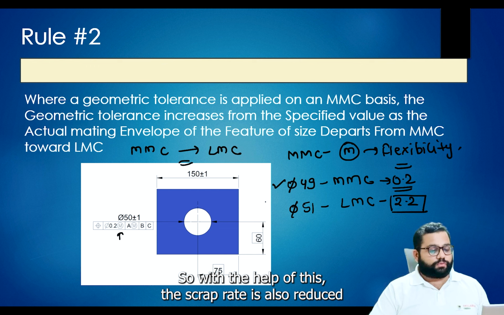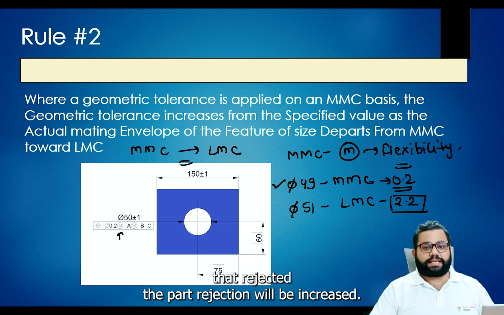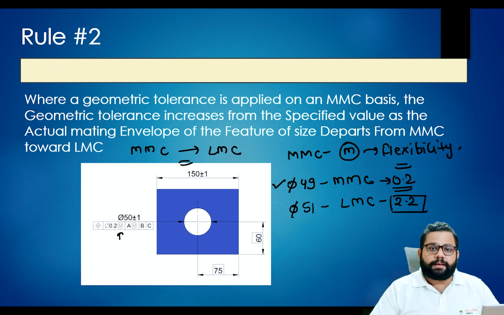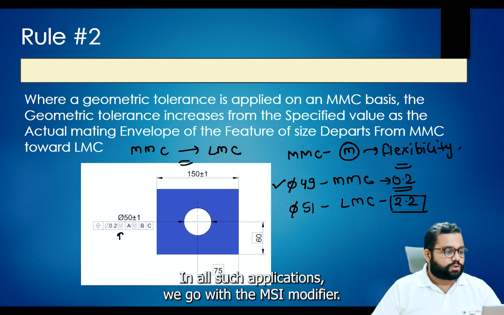With the help of this, the scrap rate is also reduced, because whenever there are tighter tolerances, part rejection will increase. But whenever we have flexibility in manufacturing, the scrap rate will be reduced. In all such applications, we go with the MMC modifier.